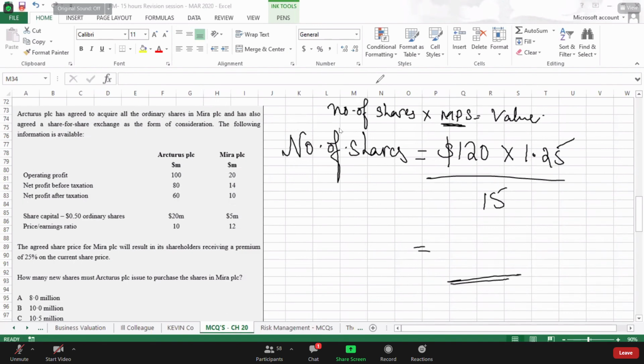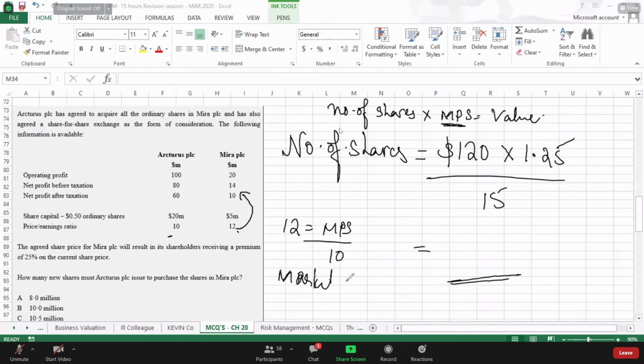So the first step was we had to calculate the market price of the share. And then we wanted to know the value of the company. Can I say 10 into 60 will give me the value of the company? Similarly, 12 into 10 will give the value of the company. Why 12 into 10? Because 12 is the P/E ratio. If I do this, I'm going to get the market value, because I'm taking the total.